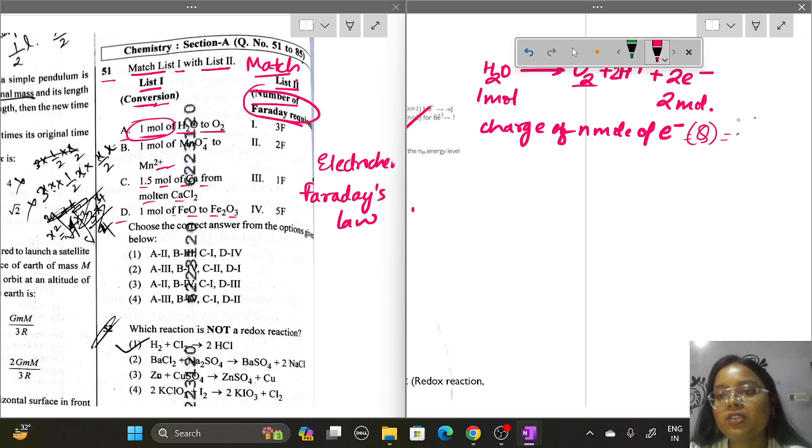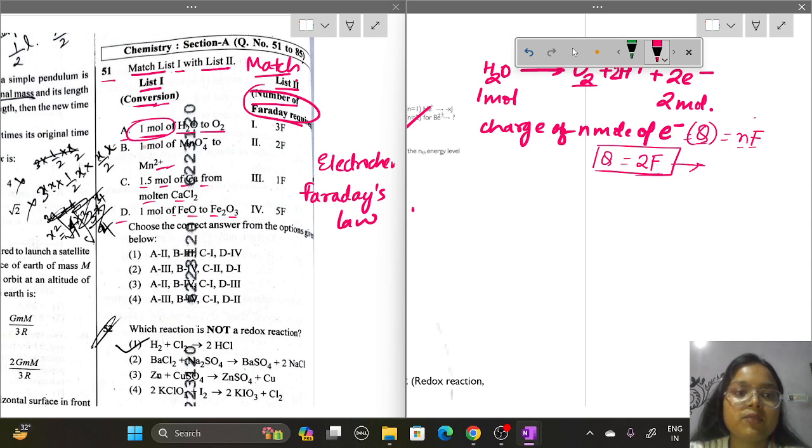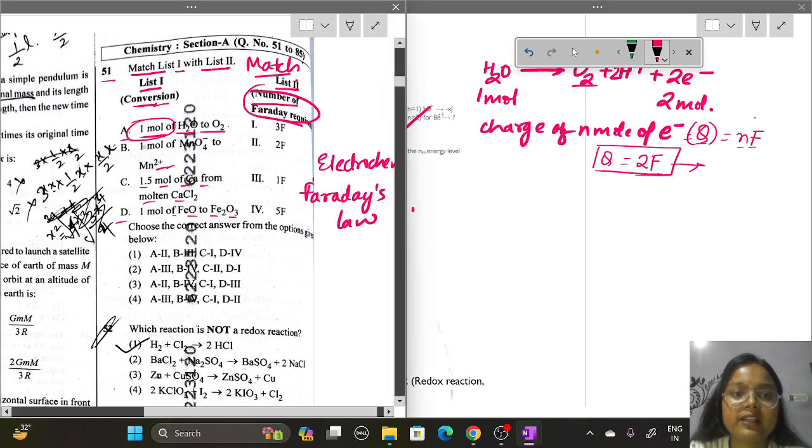By the formula Q equals nF. Here F is the Faraday, n is the number of electrons involved and Q is the charge. So in this case, Q will be the number of electrons involved times F. So for 1 mole of H2O to O2, the Faradays required are as per the electrons involved. So option A will be matched with option 2.